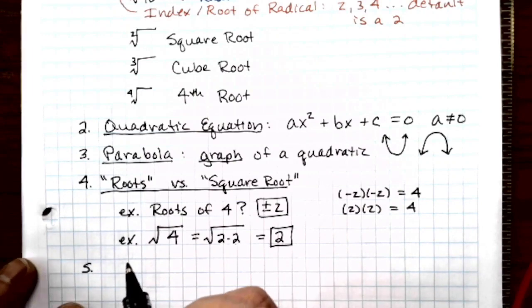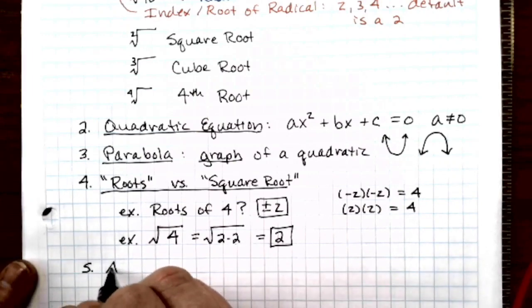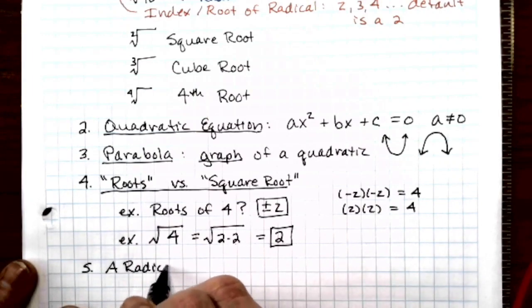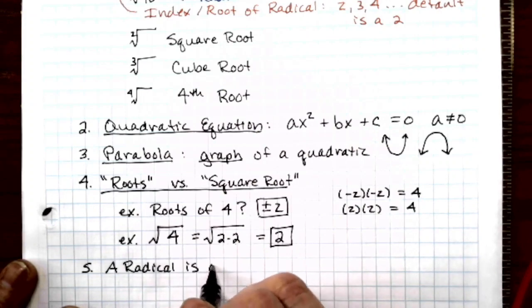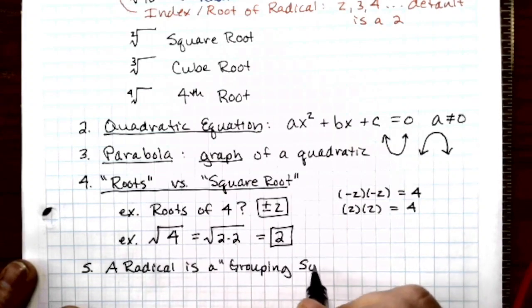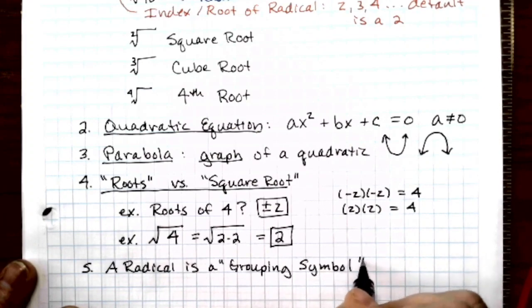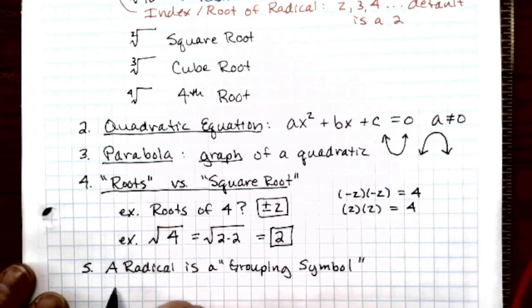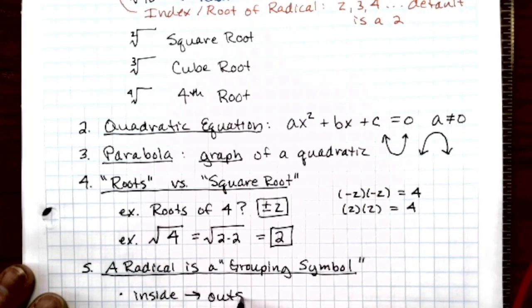Okay, number 5. It's important to remember that a radical is a grouping symbol. And in order of operations, when we do grouping symbols, we simplify them from the inside to the outside.